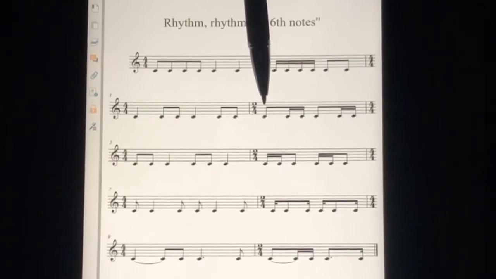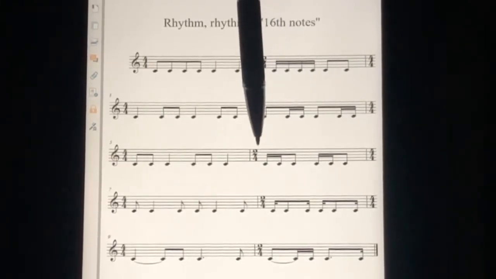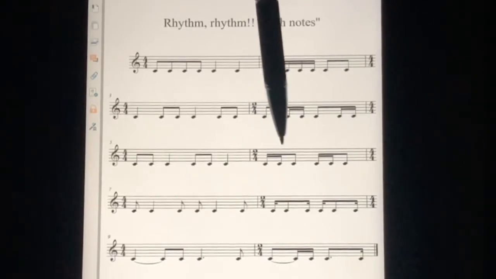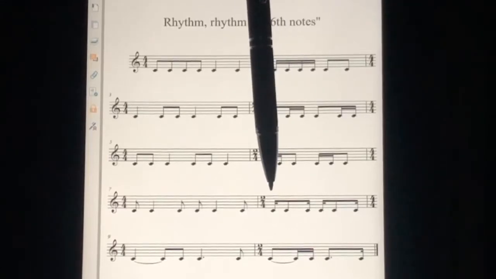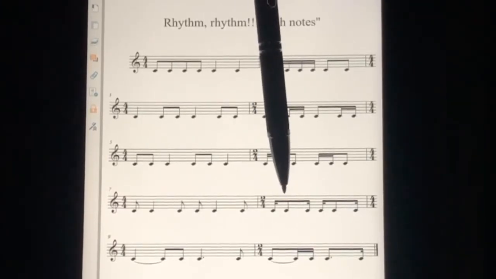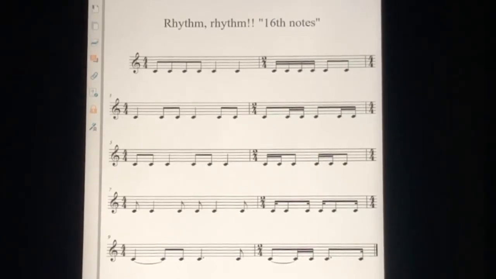This is an 8th note. These are 16th notes. These are 16th notes and one 8th note. One 16th, one 8th note, one 16th.